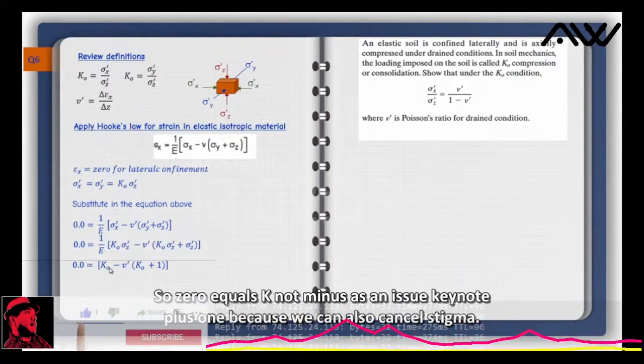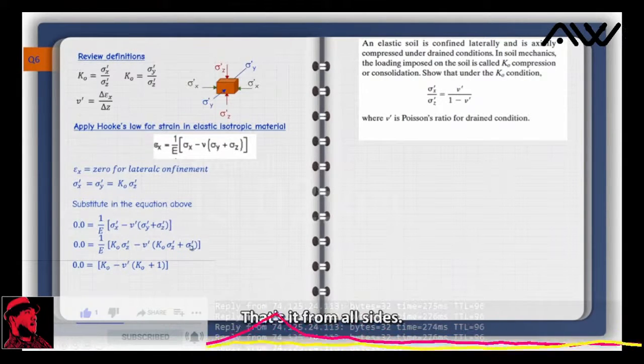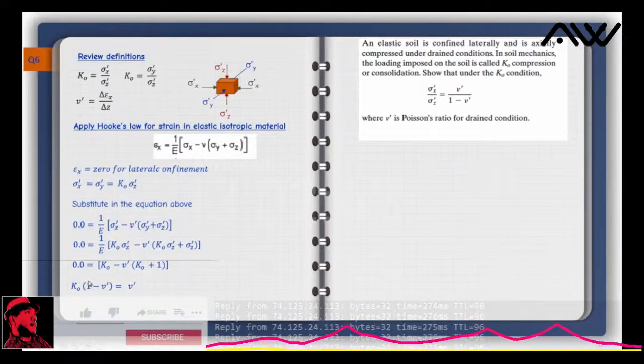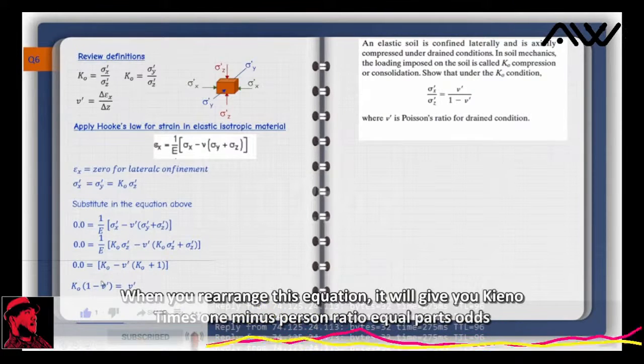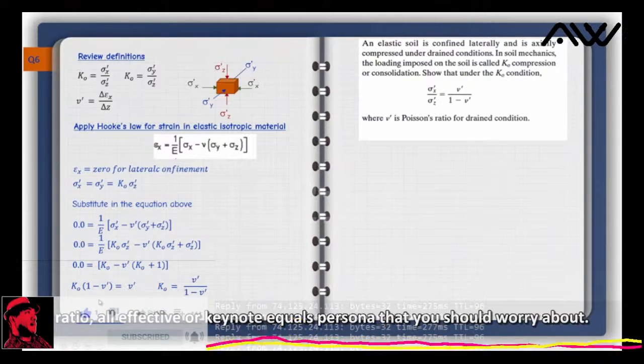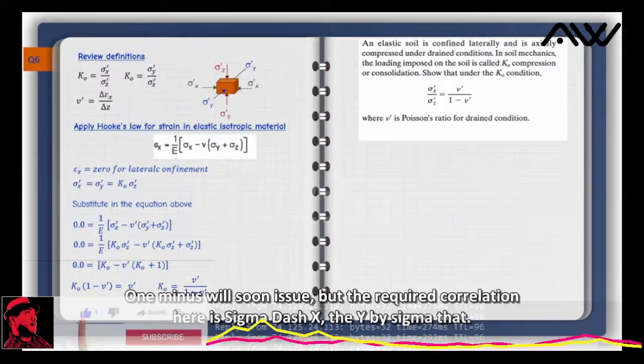So 0 equals K naught minus Poisson's ratio K naught plus 1, because we can also cancel sigma dash Z from all sides. When you rearrange this equation, it will give you K naught times 1 minus Poisson ratio equals Poisson's ratio, all effective, or K naught equals Poisson's ratio divided by 1 minus Poisson ratio.